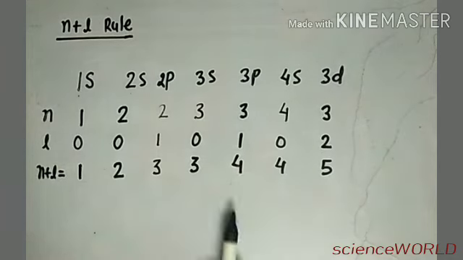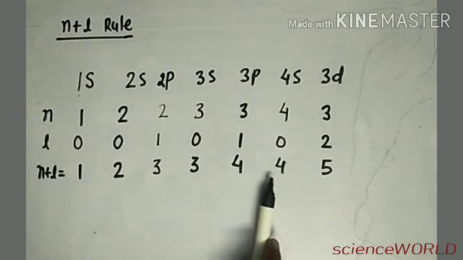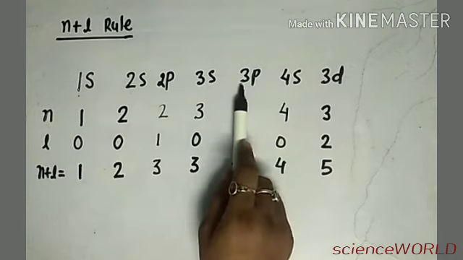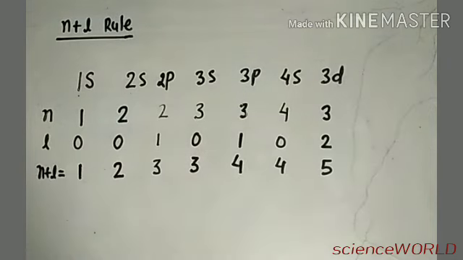Obviously in 3p, because the n plus L value is the same, that means 4. So basically the electron enters 3p first, because the n value is lesser in 3p in comparison to 4s. So this is the order where the electron has to be filled in that orbital where the n plus L value is less. So this is the n plus L rule.